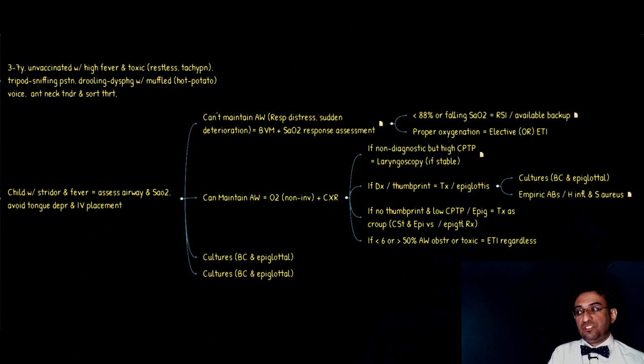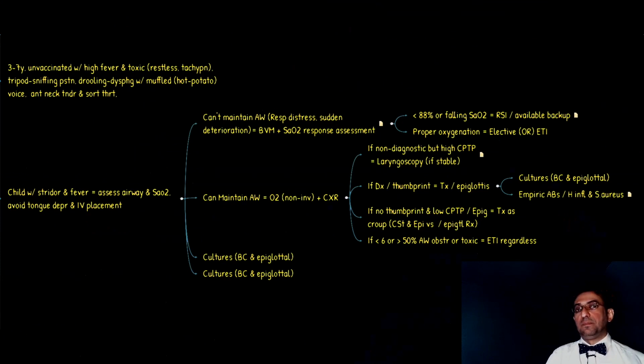In the unstable category, we begin oxygenation with bag valve mask and assess the O2 saturation response. If it's less than 88% or if it's dropping, we need to perform rapid sequence intubation with a backup plan available. If the patient, however, is able to maintain oxygenation in the unstable category, we perform elective operating room intubation.